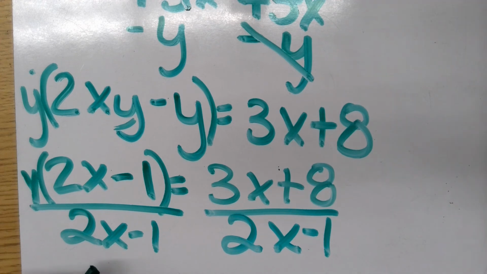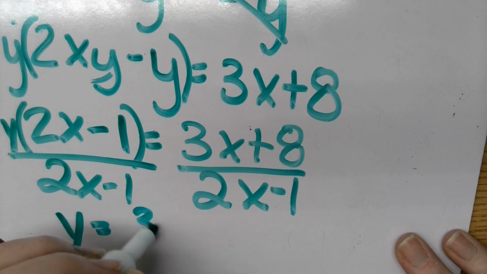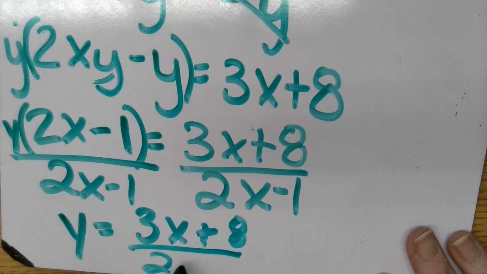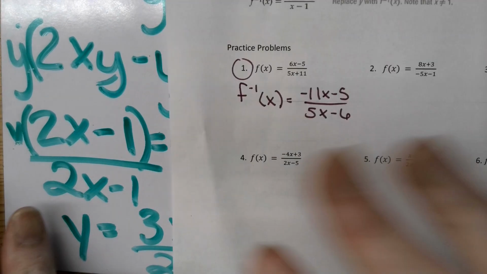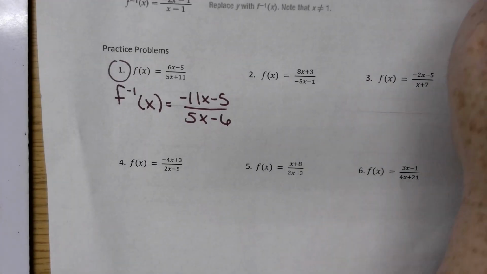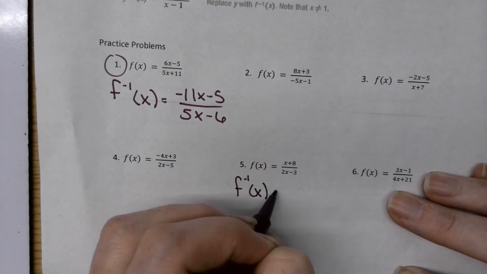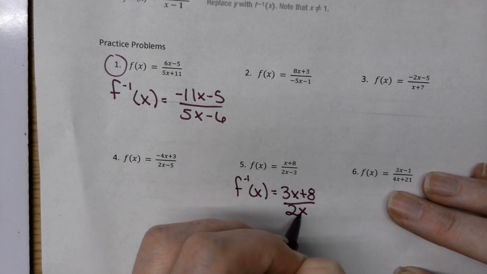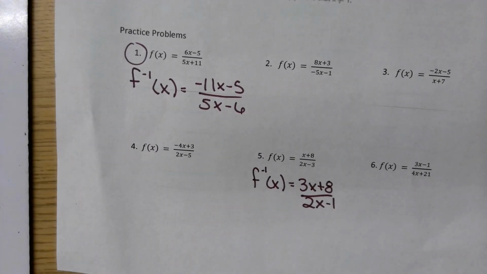I'm left with y equals 3x plus 8 all over 2x minus 1. Go back to my sheet, and then I'm going to write my answer on my sheet in proper notation. f of negative 1 of x equals 3x plus 8 all over 2x minus 1. All right? Sounds good. That's your level 4 inverse.